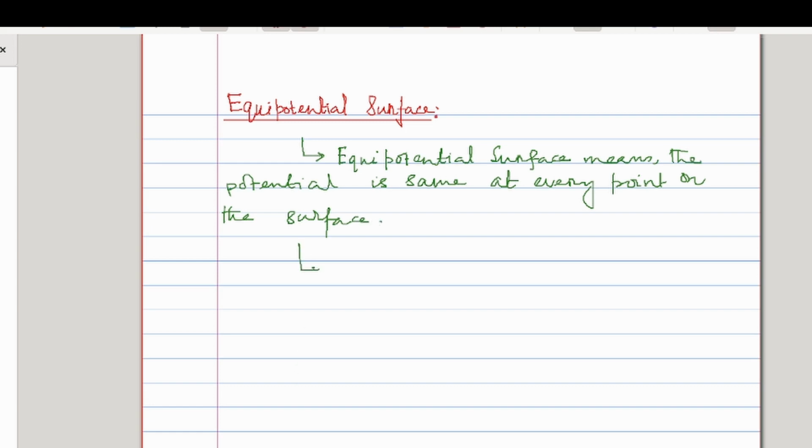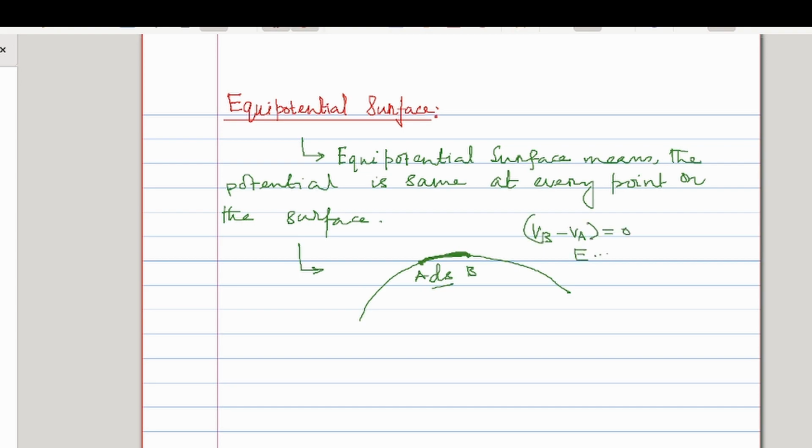Now if we consider 2 points on an equipotential surface, let's say this is A and this is B, and the distance between them is ds, you can assume it like a straight line. Now if this is ds, then the change in potential Vb minus Va is equal to 0.